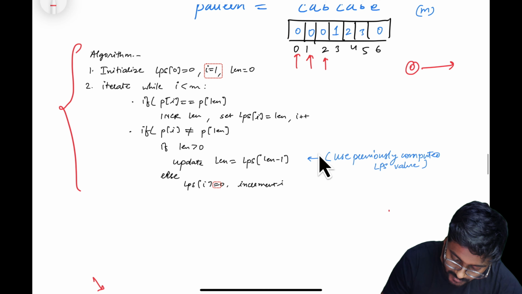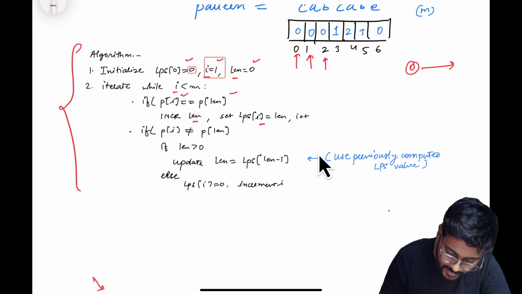Initializing LPS[0] with 0, index with 1, length with 0. These are the two pointers we are taking. While I is less than m, we are iterating over the pattern. If the value at I is equal to the value at length, then increment length, update the LPS value and then I++. If it is not equal, then we have to follow two other conditions.